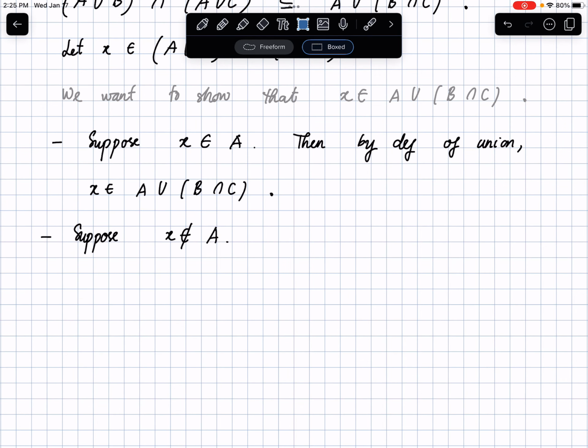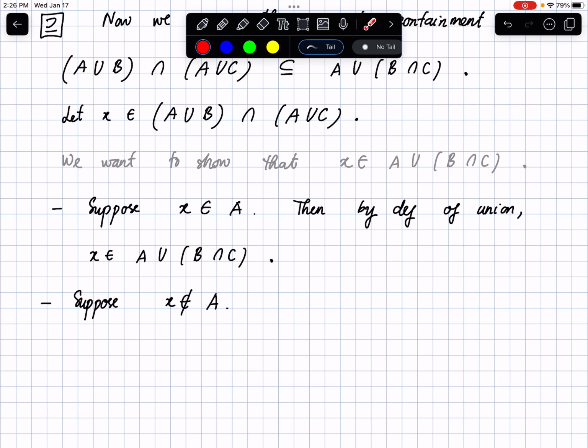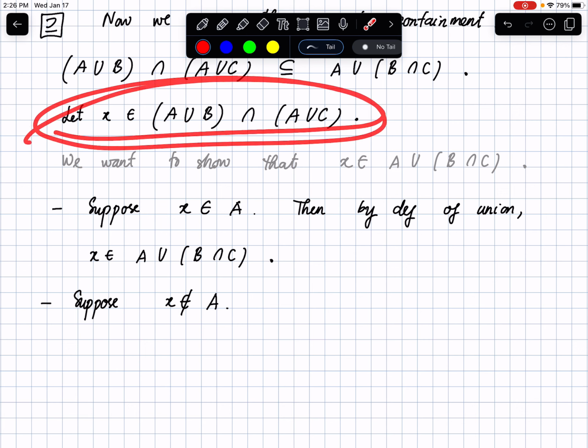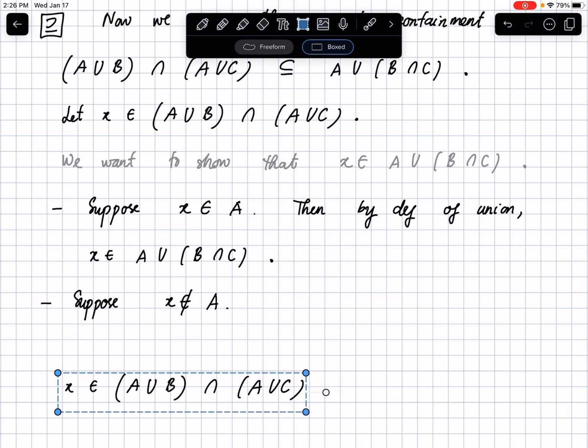The second case, if X not in A, then what happens? X is not in A, and so let's start from the hypothesis. We have X in this intersection.